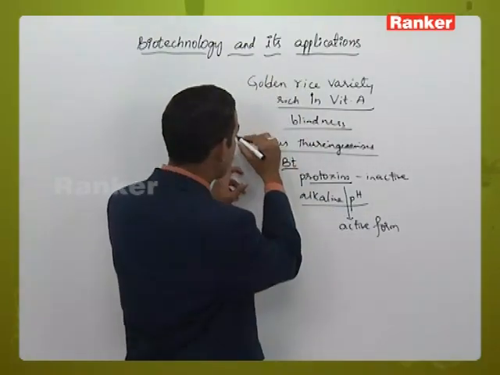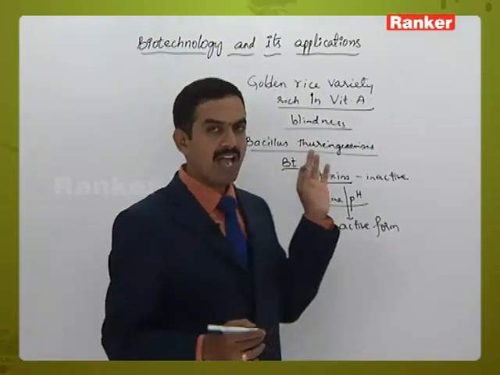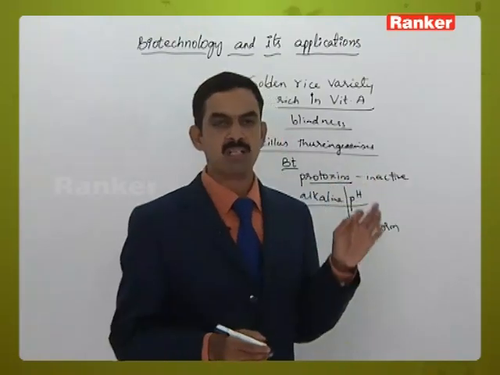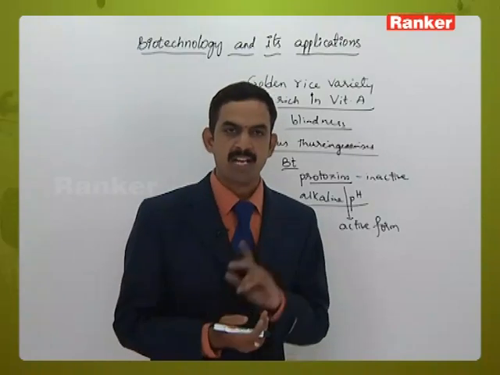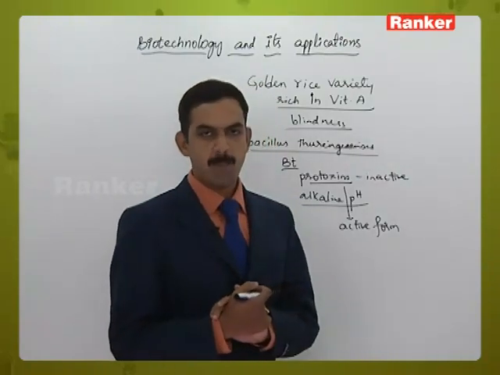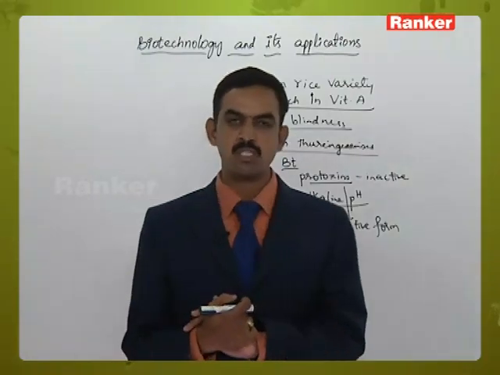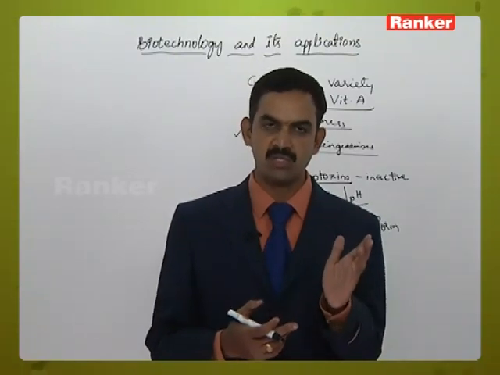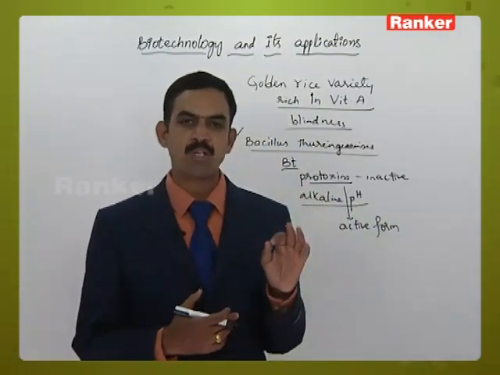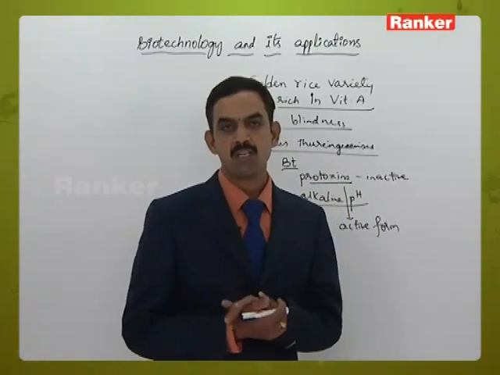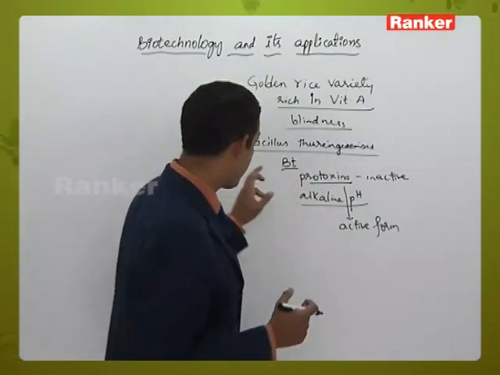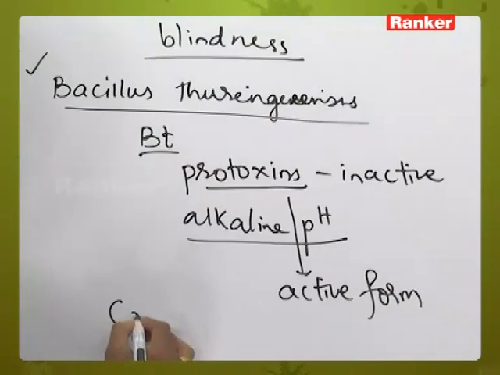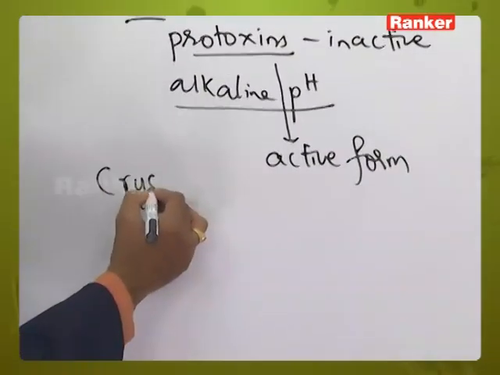That is how Bacillus thuringiensis acts as one of the best biopesticides, a bacterial biopesticide. In the same way, viral biopesticides are also there. The best example is nuclear polyhedrosis virus, which belongs to the baculovirus group. The next point is that whenever this Bt is there, the genes are symbolized as cry genes.